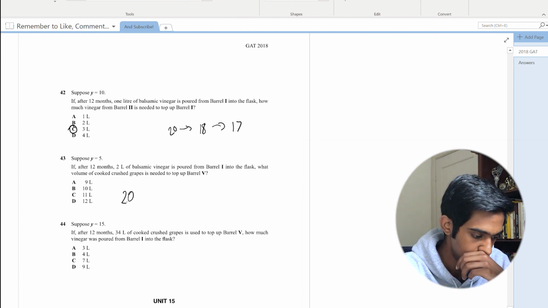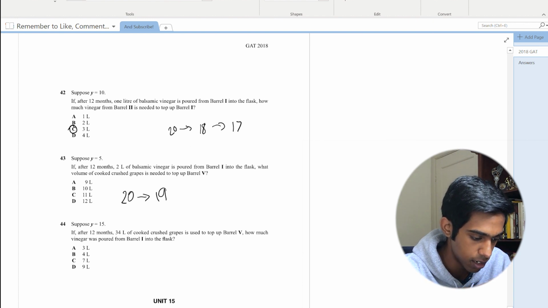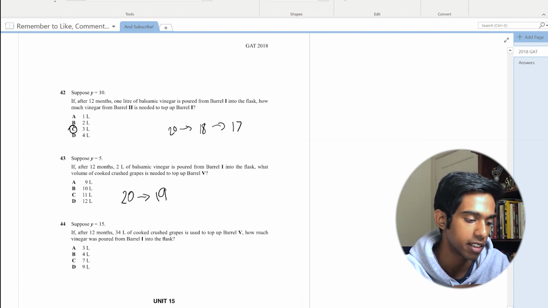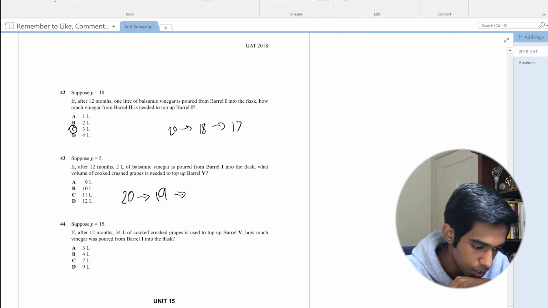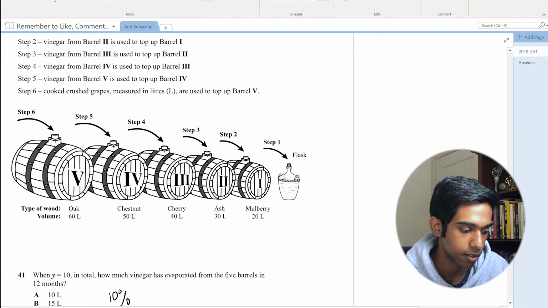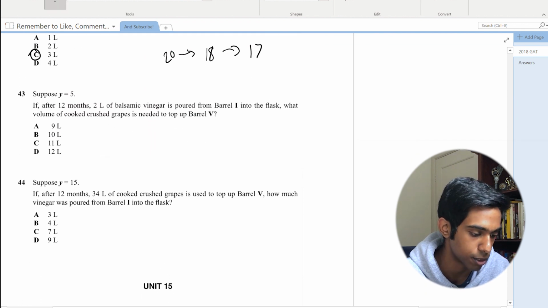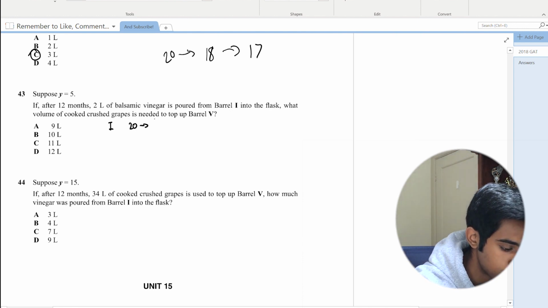If Y equals 5, we're just dividing all of those previous 10% by 2. So it starts at 20, then it goes down to 19, because if 10% reduction is 18, then 5% reduction is going to be 19. Then we pour out 2 liters, that takes us down to 17. So barrel 1 goes from 20 to 17.